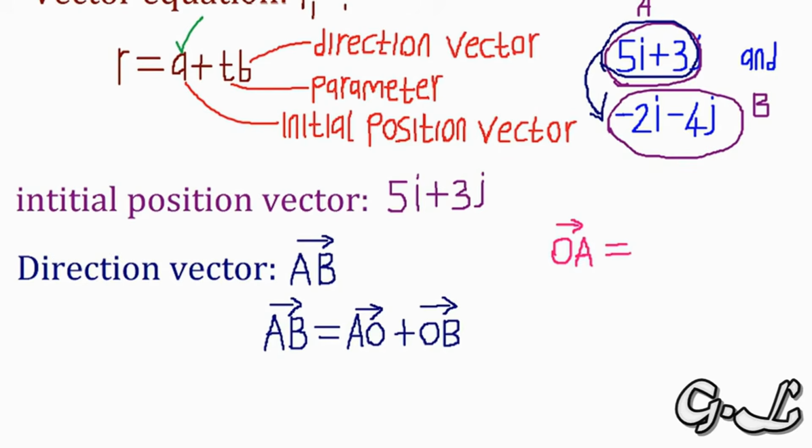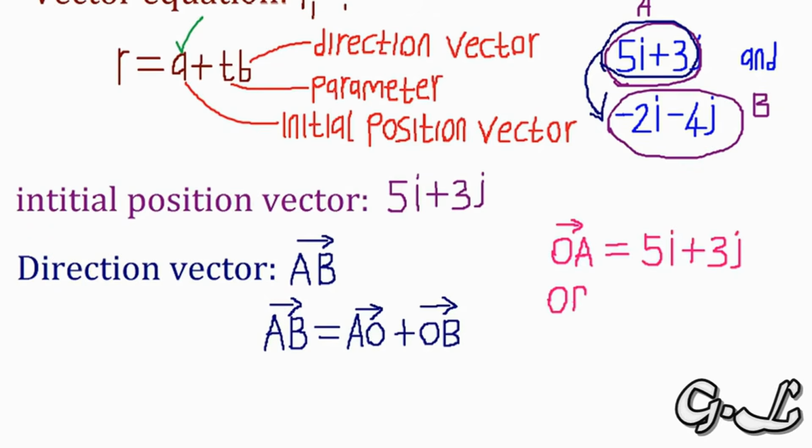We're going to assume that this is relative to the origin, which is O. So it is going from O to A, and it is going to be 5i plus 3j. So we have vector OA as 5i plus 3j.